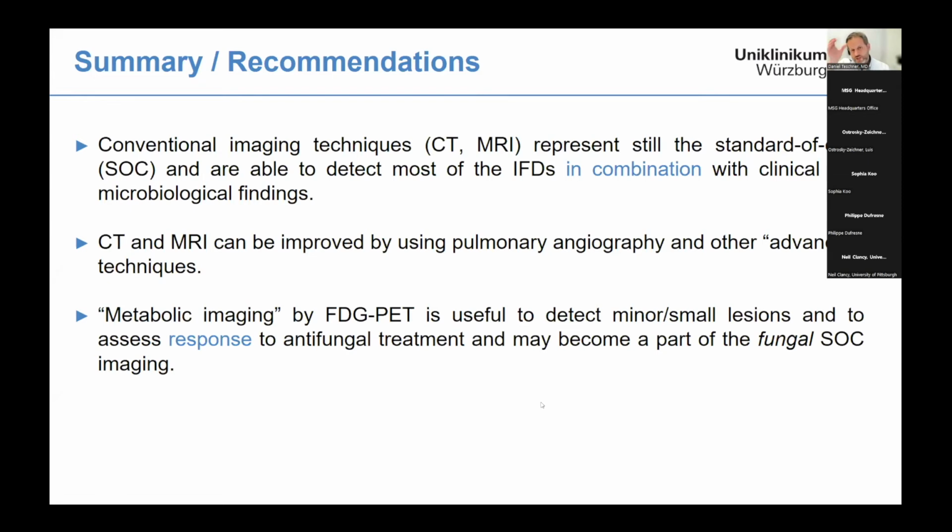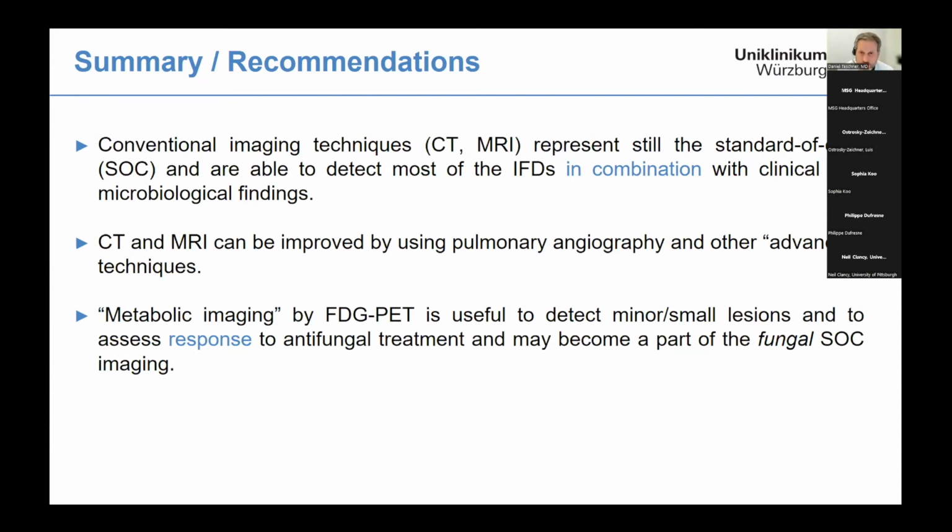Metabolic imaging by FDG PET is very useful from my point of view, at least in response assessment. Response assessment is critical because we have long-term treatment. We have a lot of antifungal drugs that cause long-term effects, so it's essential to know when to stop, and then FDG PET may be useful, also in detecting minor or small lesions.